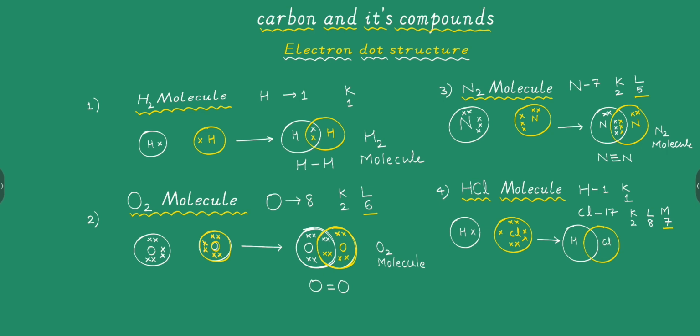Here only one electron is there with the hydrogen, that will be shared, whereas chlorine has 7 electrons. Out of 7 electrons, 6 electrons will stay here, but 1 electron will be shared between hydrogen and chlorine. So like this, a single covalent bond will be formed between hydrogen and chlorine. Like this, the HCl molecule will be formed.